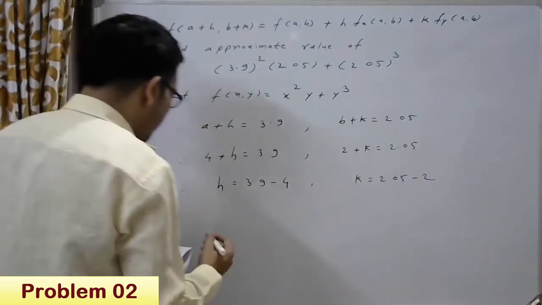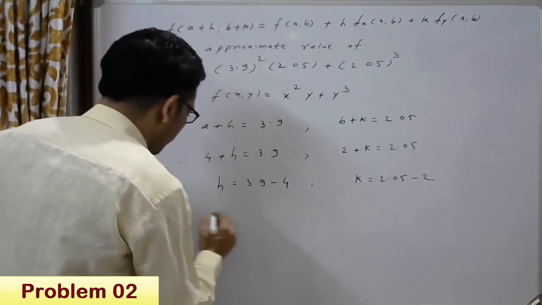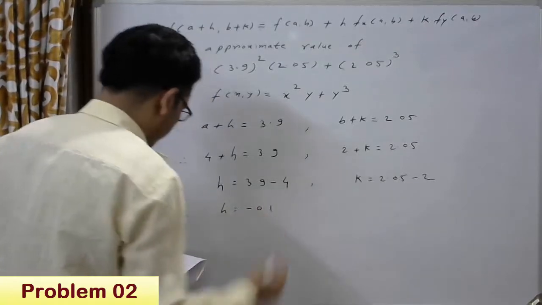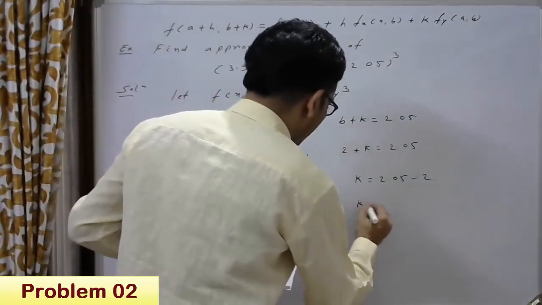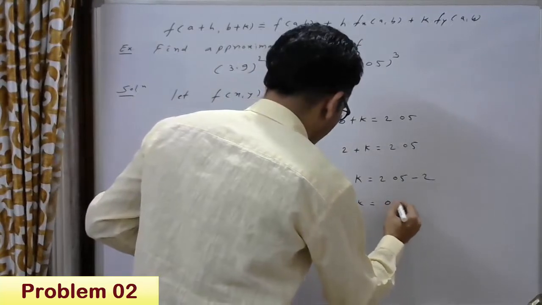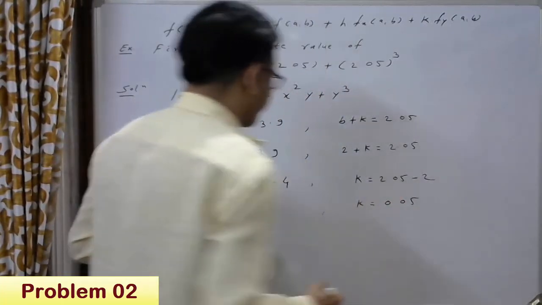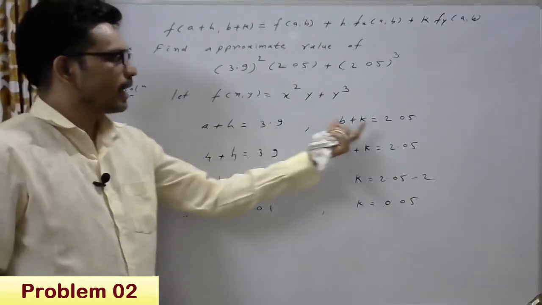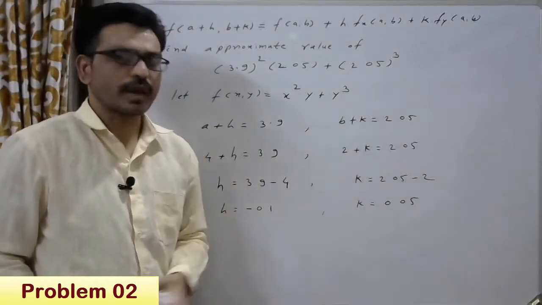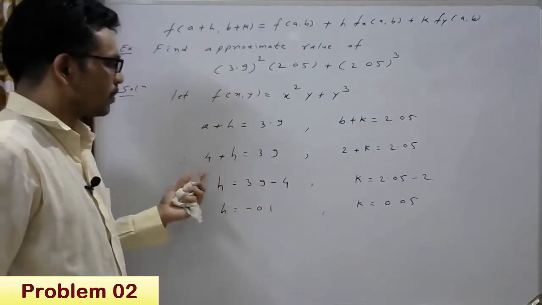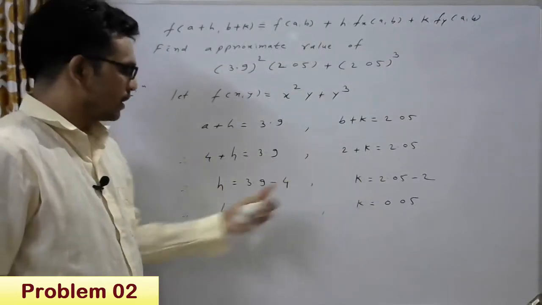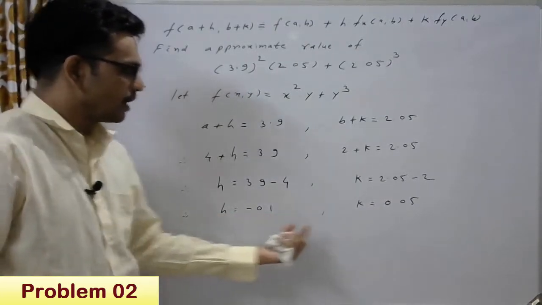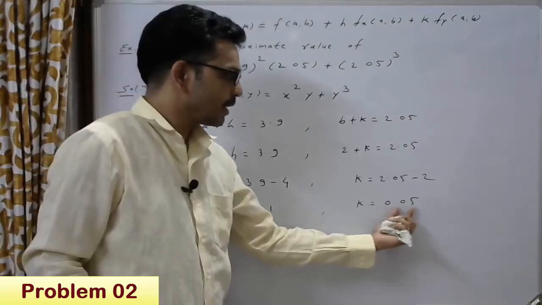Therefore, the value of h is minus 0.1 and the value of k is 0.05.